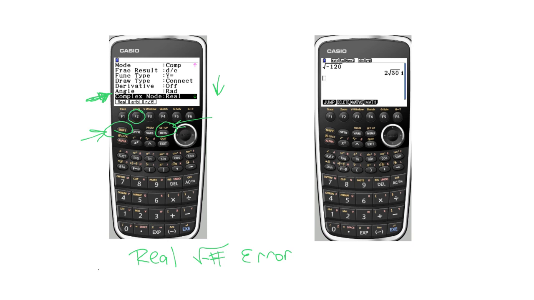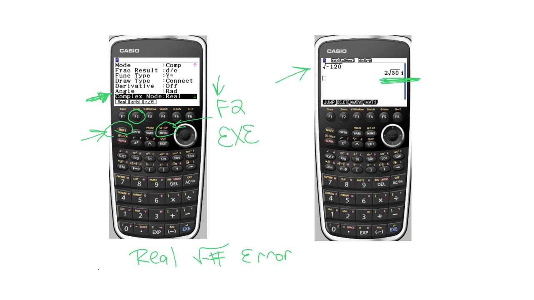So complex mode would be F2, right? If you hit F2, it's going to change the screen to a + bi, where it's going to take care of imaginary units for us. And then if you hit execute, it will save it, that it's going to be in complex mode. So now when you take the square root of a negative number, you're going to get i.